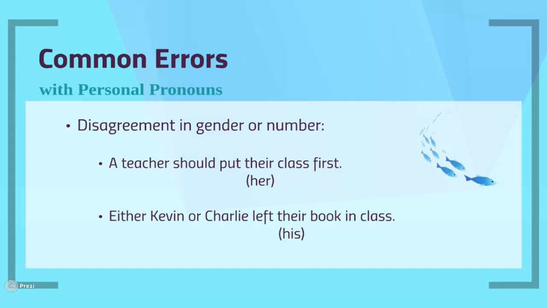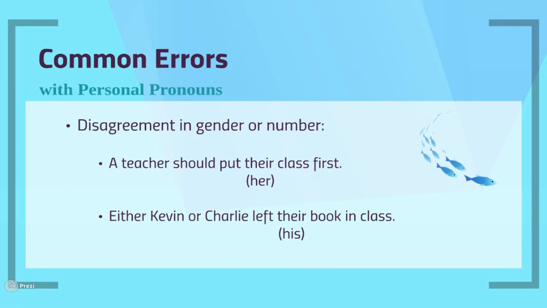All right, the last error to talk about with personal pronouns is disagreement in gender or number. So that means that if the antecedent, remember the antecedent is the word that the pronoun is replacing, if that antecedent is singular, then you need a singular personal pronoun. So looking at the first example, a teacher should put their class first.